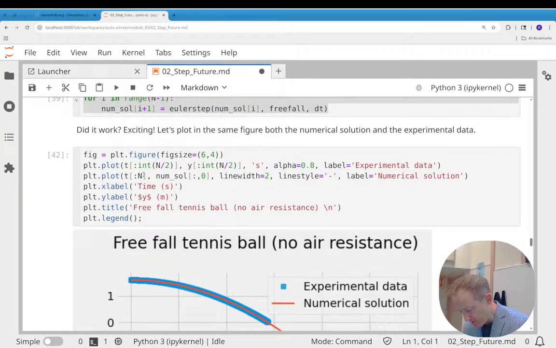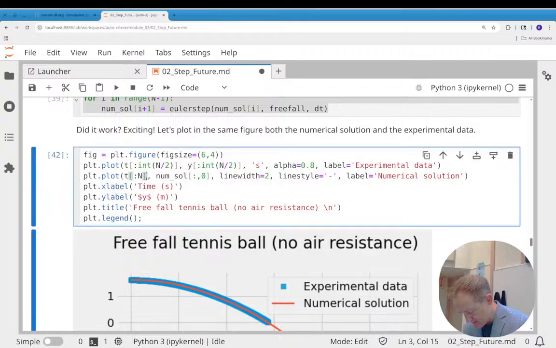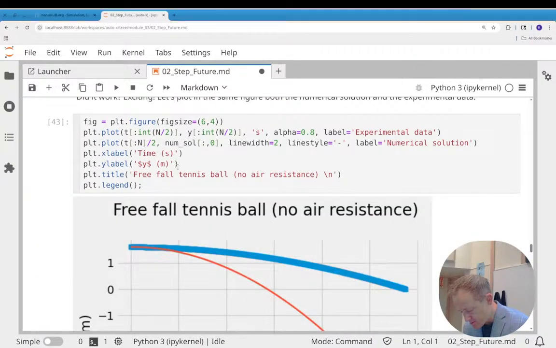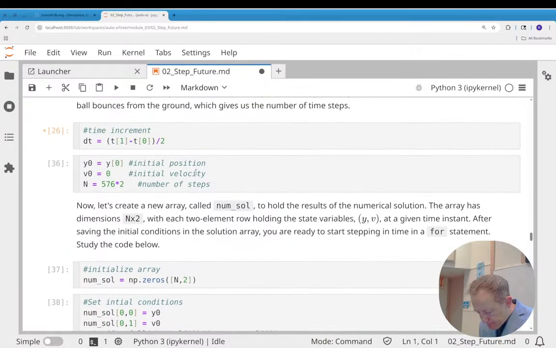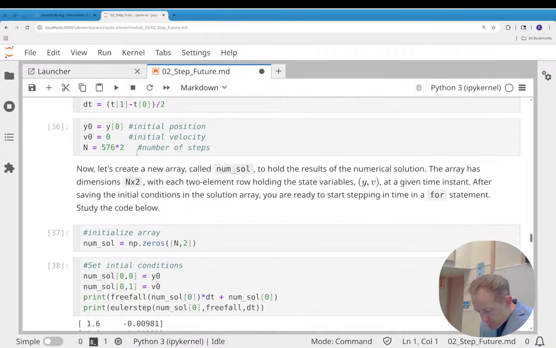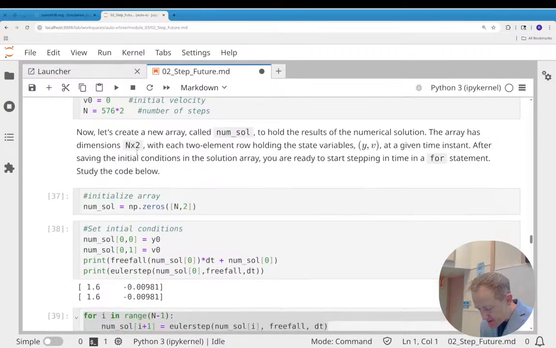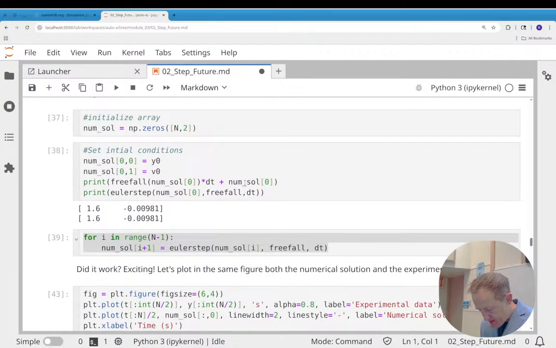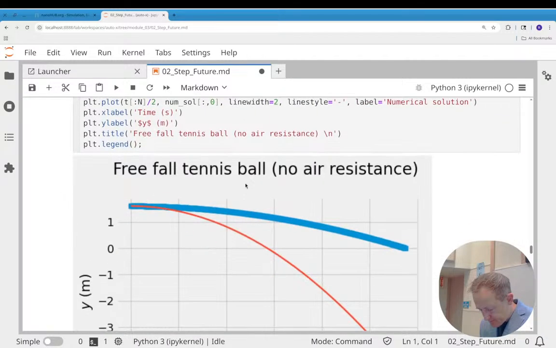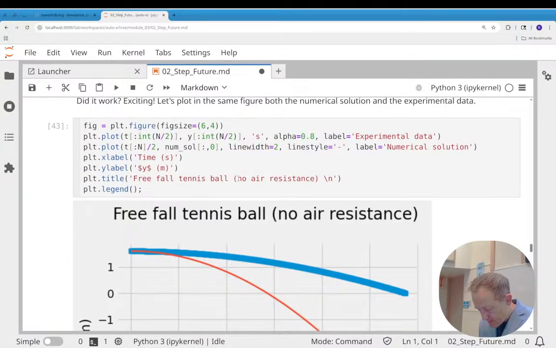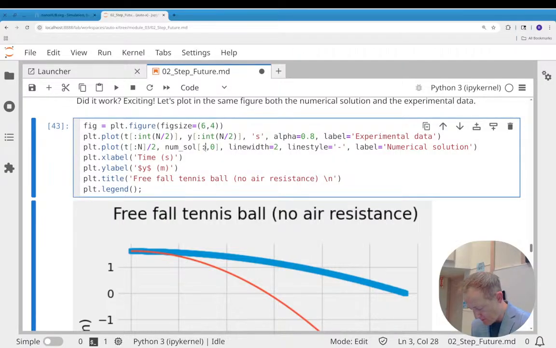And we want over 2. I thought I divided dt by 2. Oh yeah, we gotta go colon, 2.